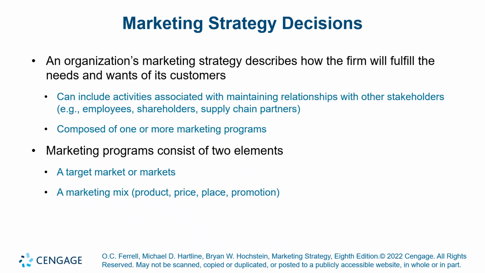It is composed of one or more marketing programs. That's your previous decision. Marketing programs consist of two elements: target market and marketing mix. Marketing mix, the 4 P's. What are the 4 P's in marketing? Product, price, place, promotion.